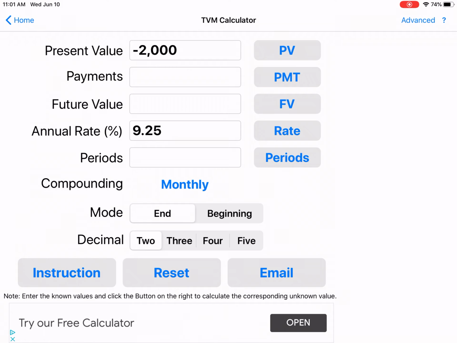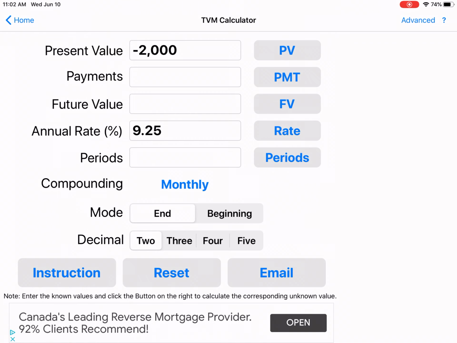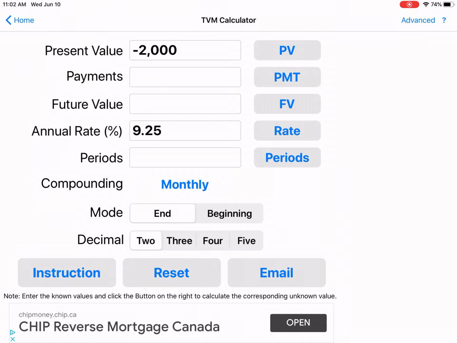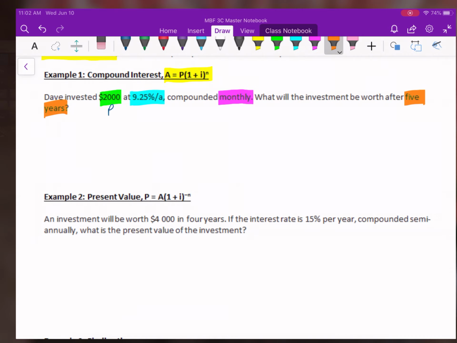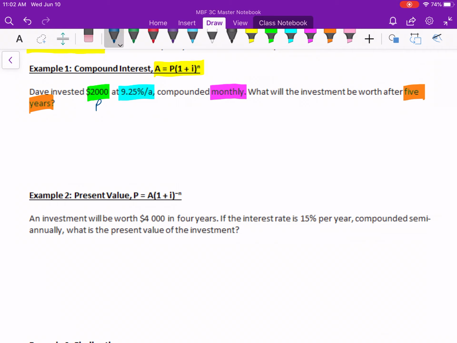What will the investment be worth after 5 years? This is the one thing for this calculator that I do need to calculate myself. I'm not sure why they make me calculate it myself, because they could do it for me, but it says periods. Remember, that was our N. So if it's monthly for 5 years, that means that N is going to be 12 times 5, or 5 times 12.